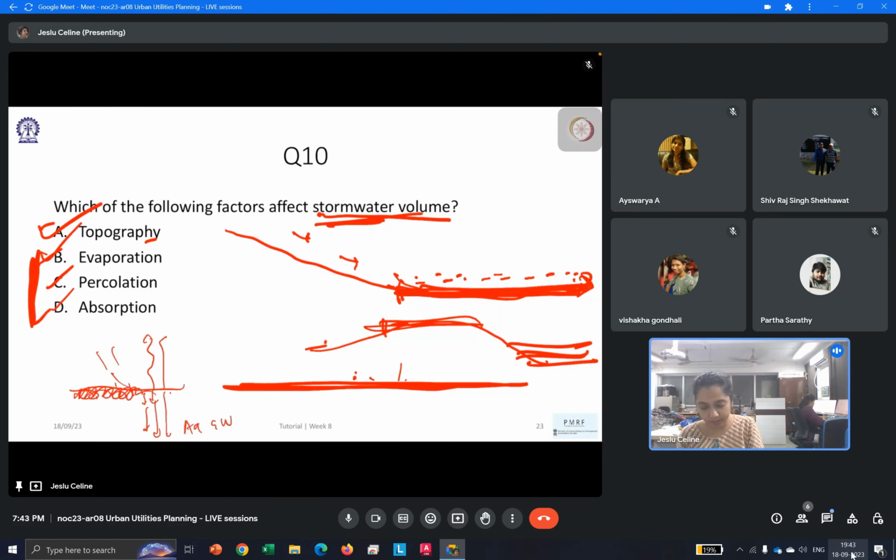Some is absorbed in the soil on the surface itself. So based on the soil property or the surface treatment on the ground surface, all these three phenomena would happen, and this influences the stormwater volume. So all four influence it. Any doubts in this particular question?